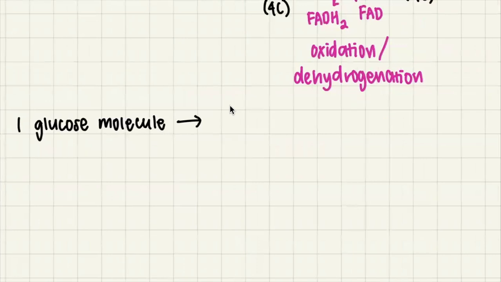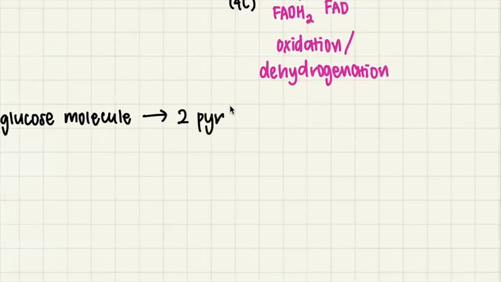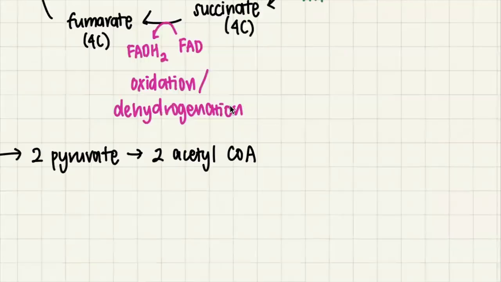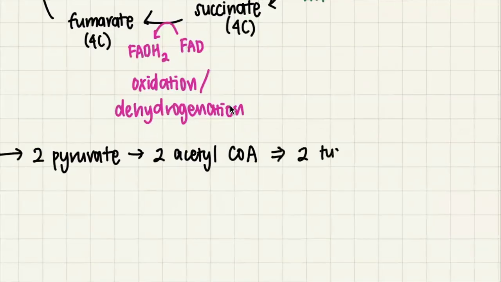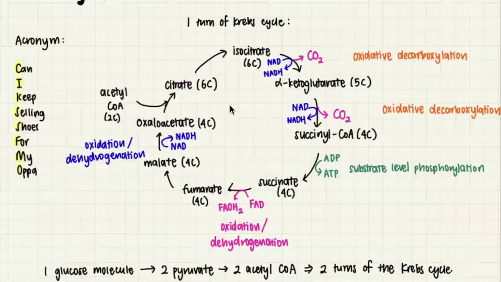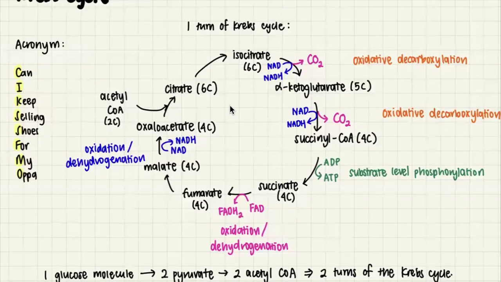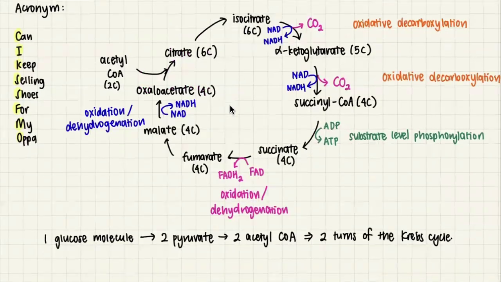Therefore, one glucose molecule gives you 2 molecules of pyruvate and then 2 molecules of acetyl-CoA. Therefore, you need to account for 2 turns of the Krebs cycle. Why is this important? Because now we need to tally the coenzymes and the carbon dioxide involved in this reaction.